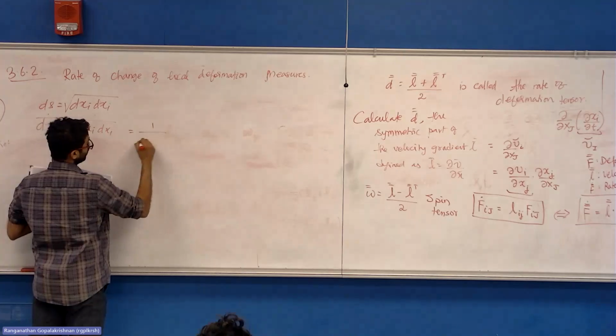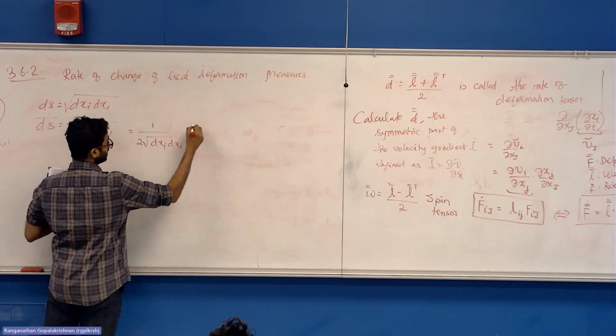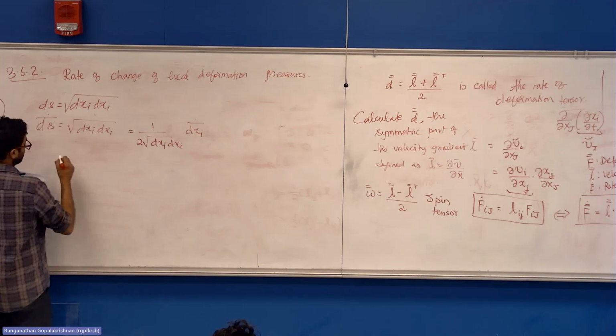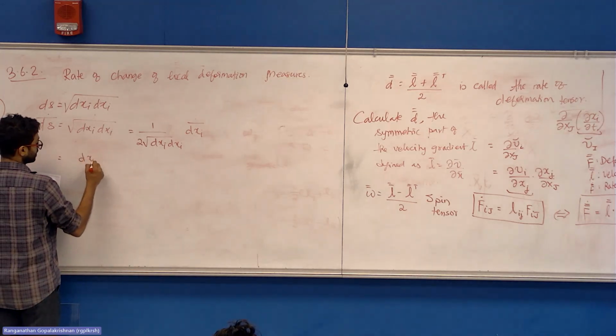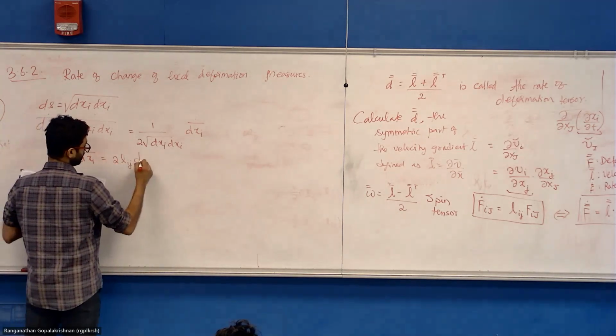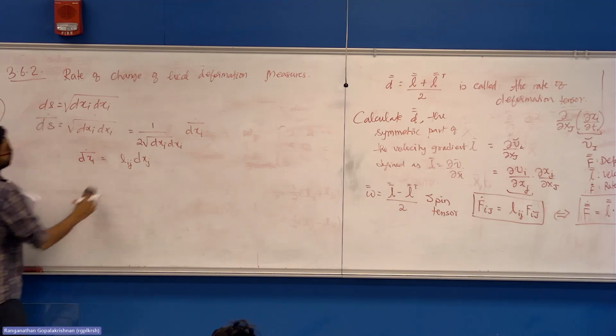We'll start here. 1 over 2 times square root of dxi dxi multiplied by the derivative of dxi dxi. And dxi dot is lij times dxj, not 2 times.